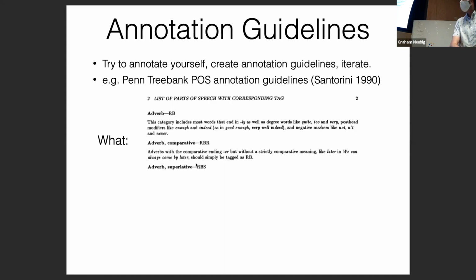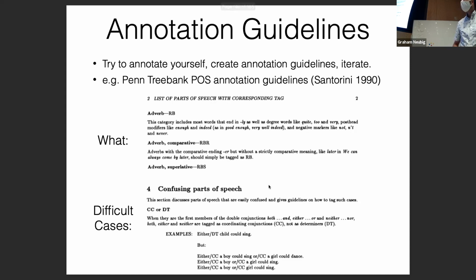And then you have other examples, adverb comparative, and things like this. But in addition to this, you can have examples of difficult cases. So this is an example of confusing parts of speech. This section discusses parts of speech that are easily confused and gives guidelines on how to tag such cases.